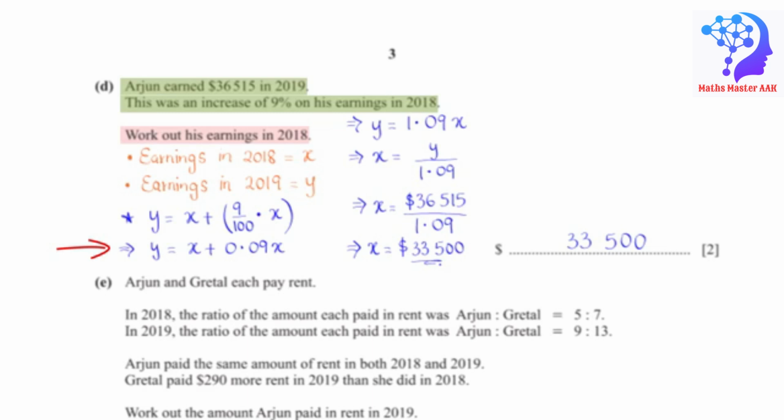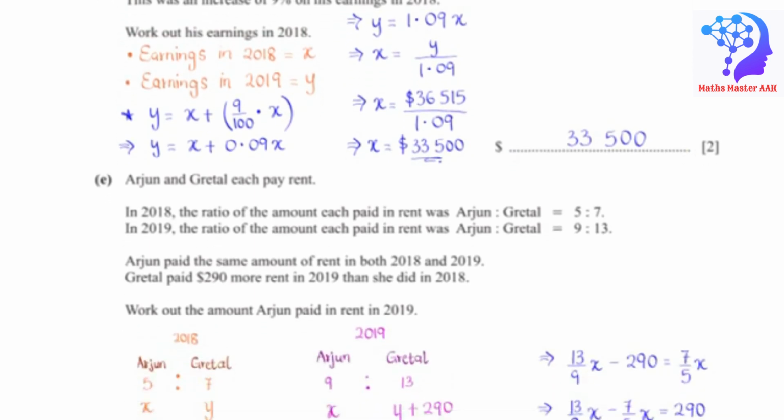When we make X the subject, we have X is equal to Y over 1.09. We've been given Y in the question as $36,515. And so when we substitute this into the equation, we now have X is equal to $33,500.